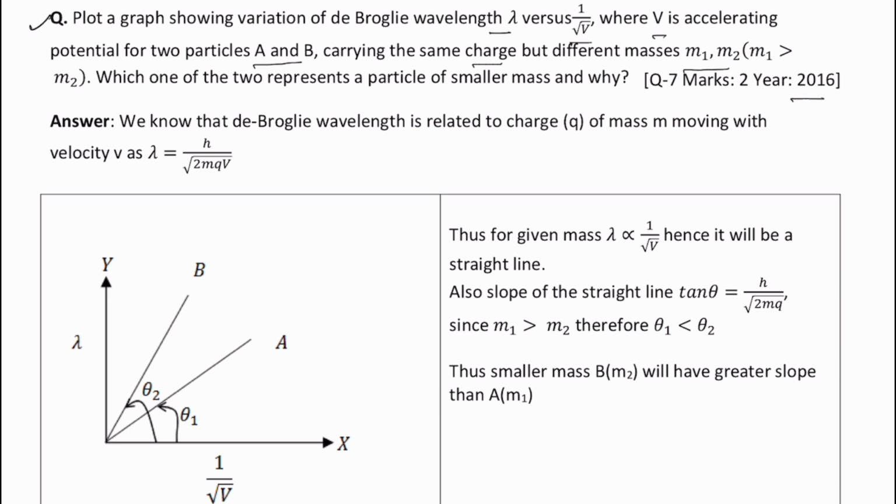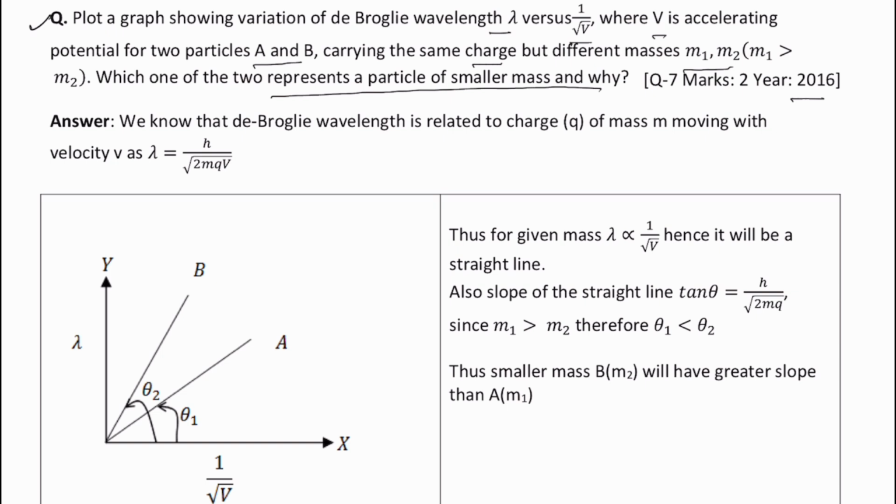M1 and M2 of A and B are different, and M1 is greater than M2. Which one of the two represents the particle of smaller mass and why? So we have to plot the graph between lambda and 1 by root V.